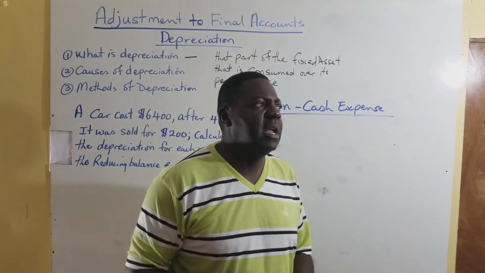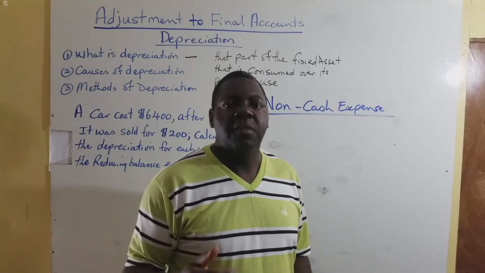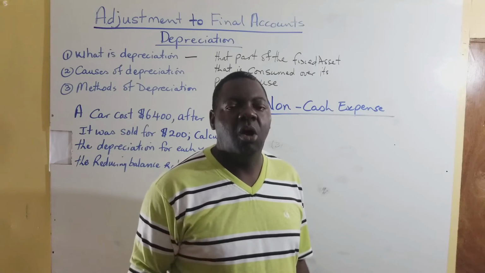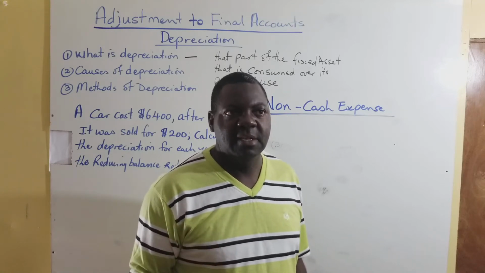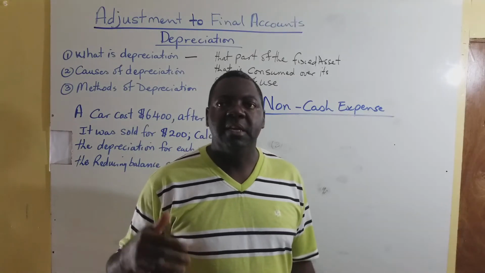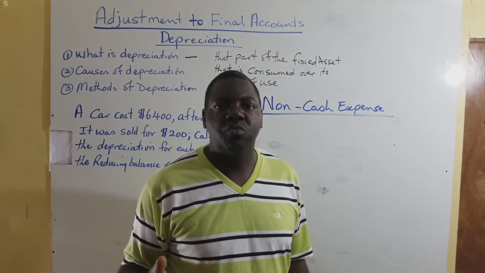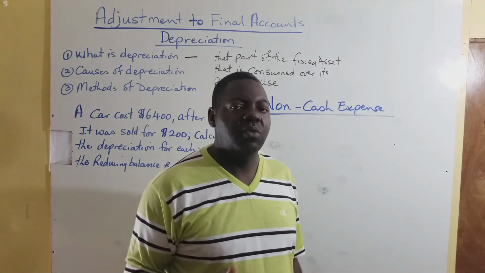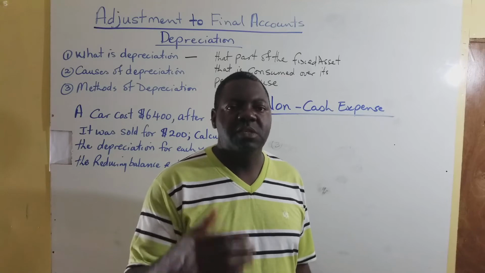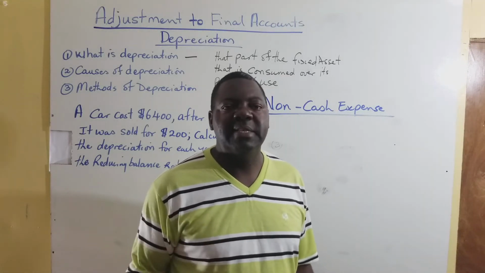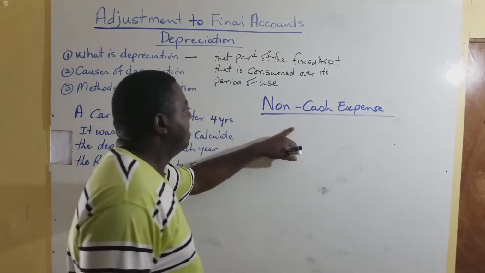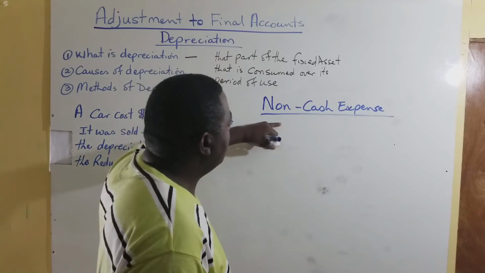What you're doing is really writing off the amount of loss or reduction in the value of your asset against your income, so that when it is time for replacement, you would be able to do so. That's why you have what is called provision for depreciation. You put an arrangement in place to see at what point in time you will be required to replace the asset.